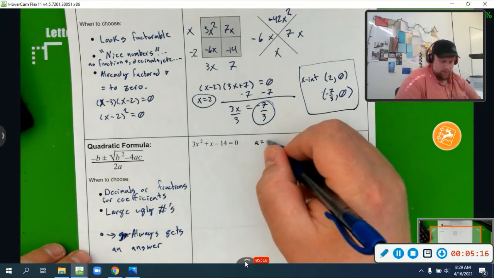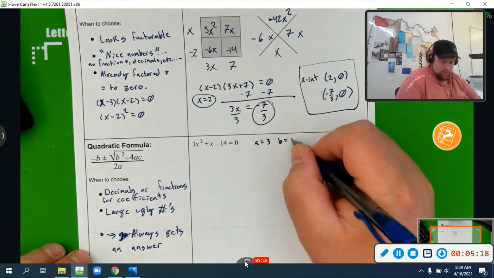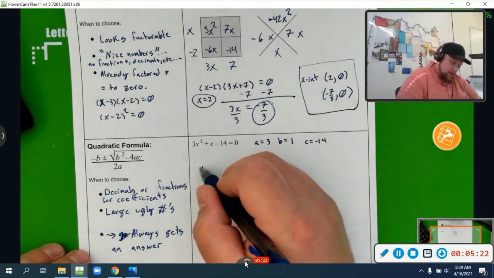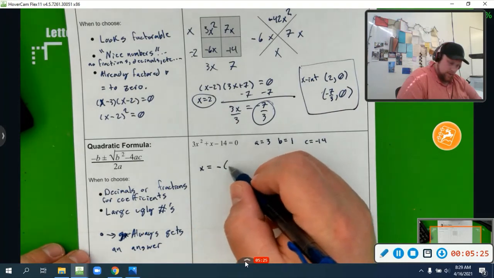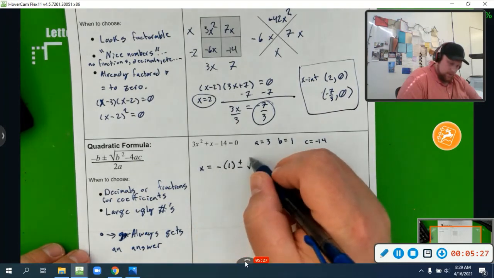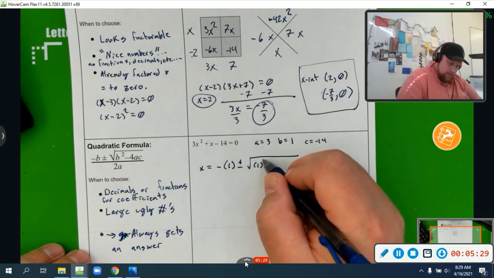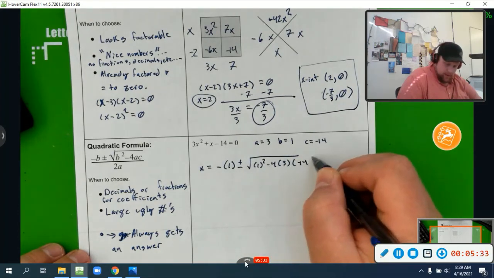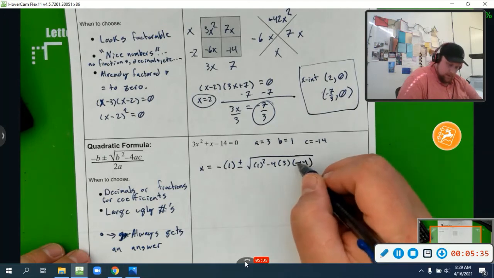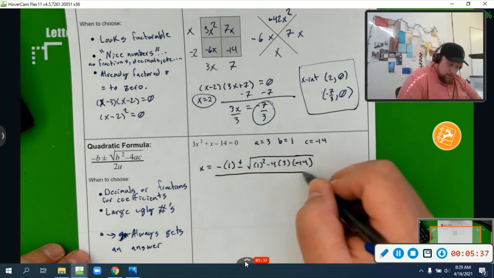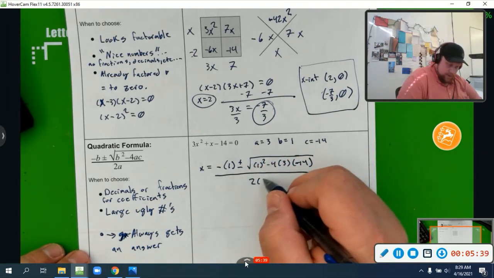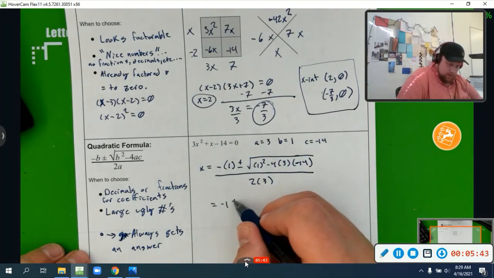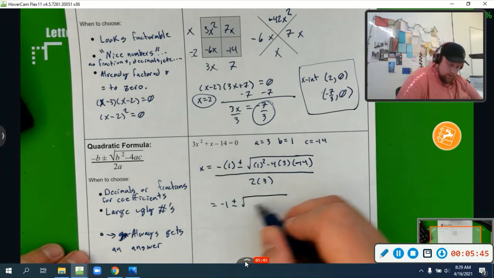My a equals 3, b equals 1, c equals negative 14. This is going to be x equals negative b plus or minus the square root of b squared minus 4 times a times c, all over 2 times a, which equals negative 1 plus or minus the square root of 1.